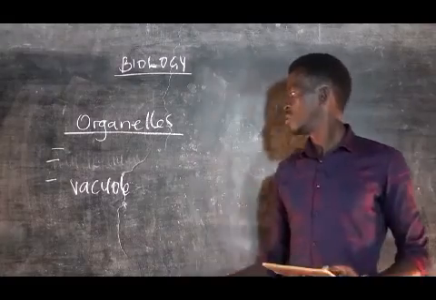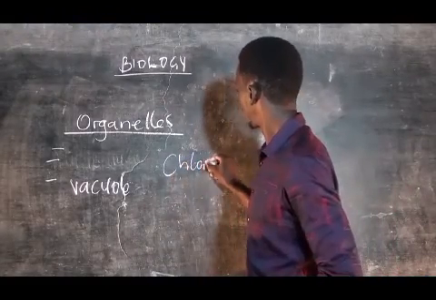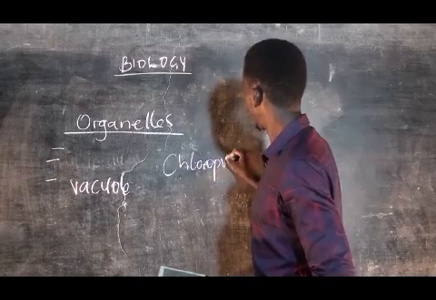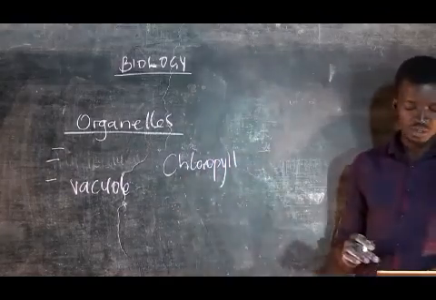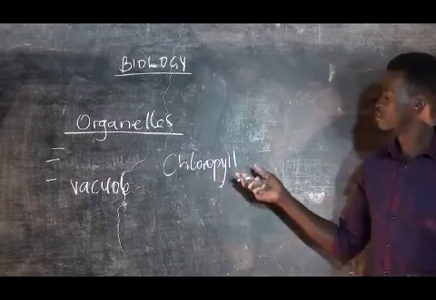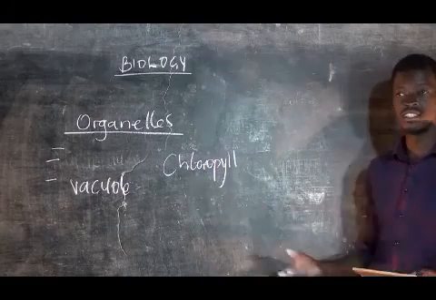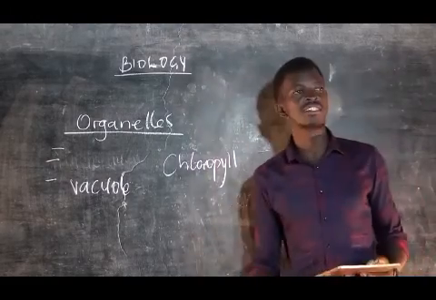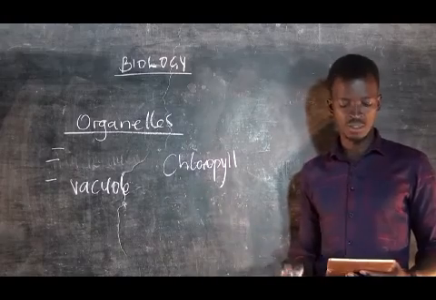The chloroplast contains something we call chlorophyll. So every chloroplast contains chlorophyll, and it is this chlorophyll that traps the sunlight energy that is used for photosynthesis. Every green plant contains that and photosynthesizes.